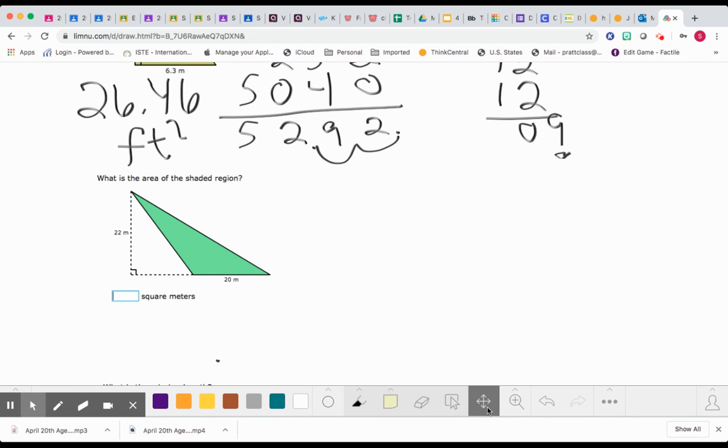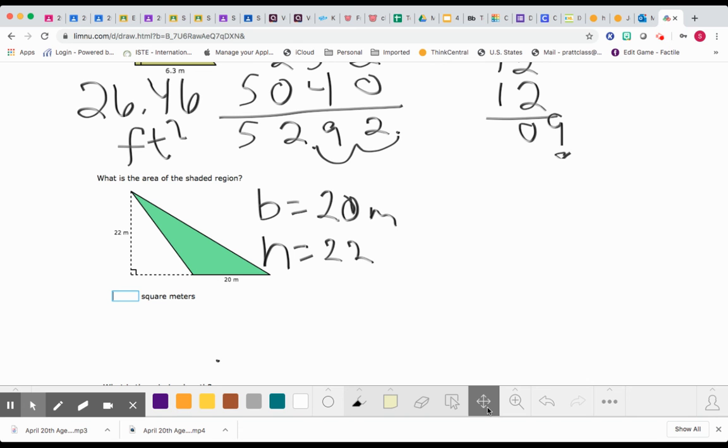So here you see they extended the triangle with the little dotted lines to make it into a right triangle. So this will help us figure out the base and the height. So it says that the base is 20 meters. Our height is 22. So we're going to do the same thing.